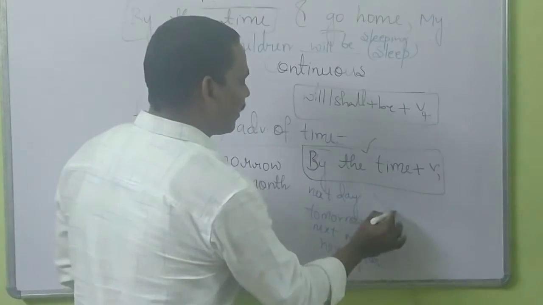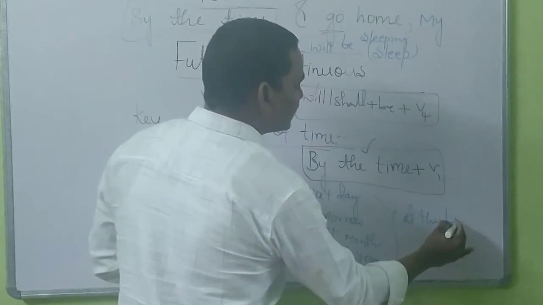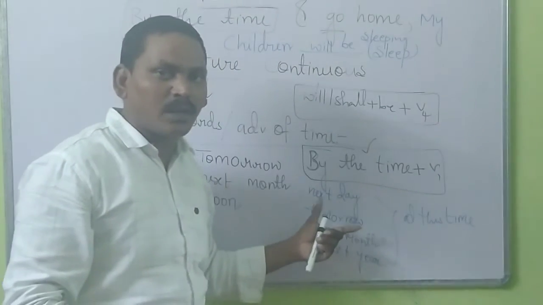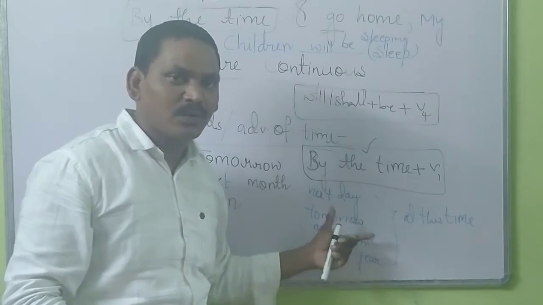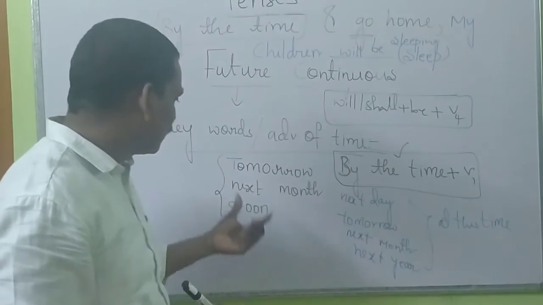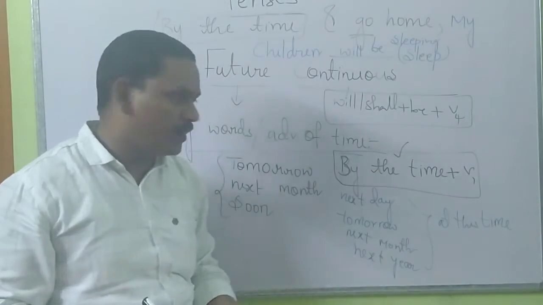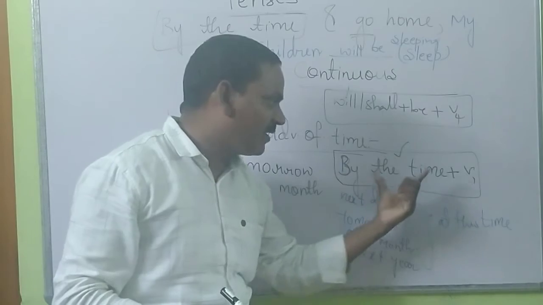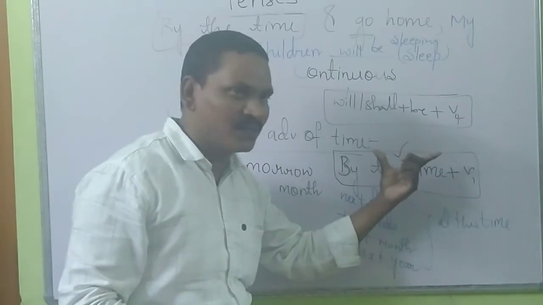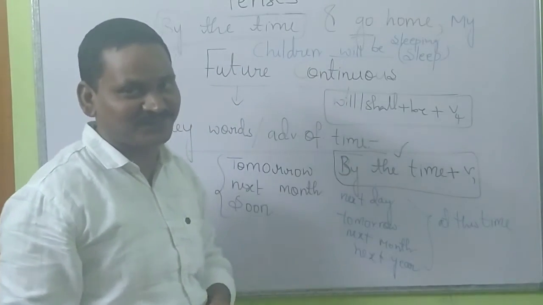Along with that, at this time: next day at this time, next week at this time. Tomorrow, next month, soon. Sometimes these will be repeated. And another case is by the time plus V1. If you find this, definitely future continuous tense only.